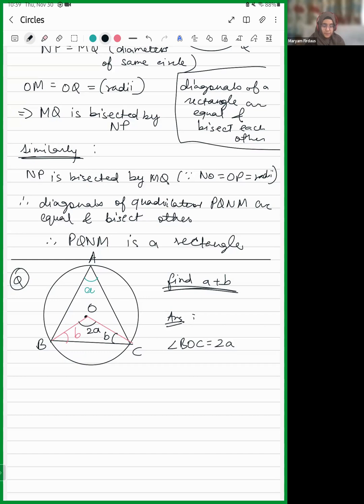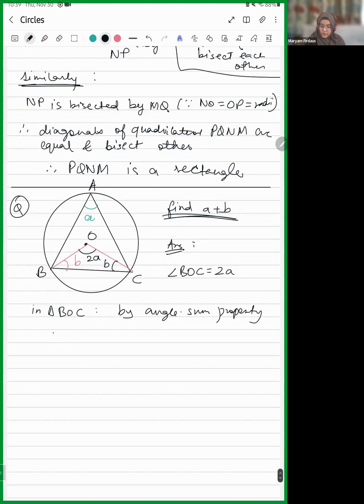So in triangle BOC, by angle sum property. Can you tell me by angle sum property what will we have? Something plus something plus something is equal to 180.